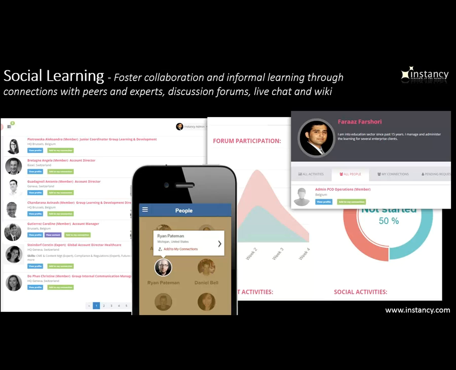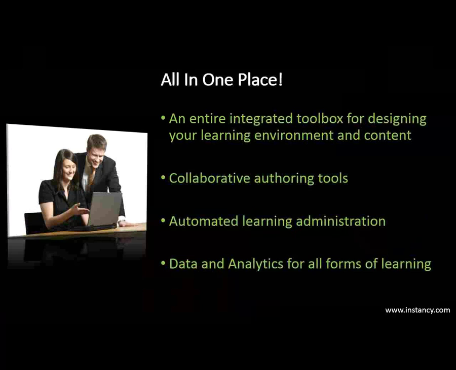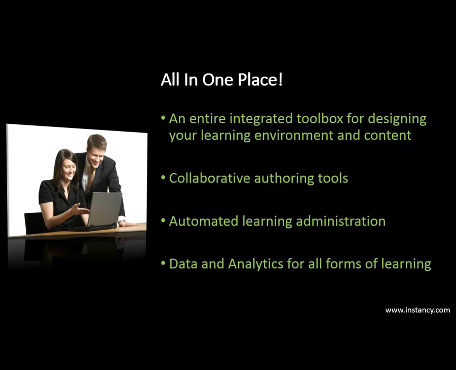You have live chat integration and also a powerful wiki feature where not only can you enable people to create web pages, but you can also enable them to contribute documents and videos and also publish links or resources to other content on the World Wide Web, as well as the ability for them to publish an event that they want to share as a training event or a virtual seminar that they want to share with their peers in the knowledge community. So it's basically an all-in-one place where the entire toolbox for designing your learning environment and your content is available.